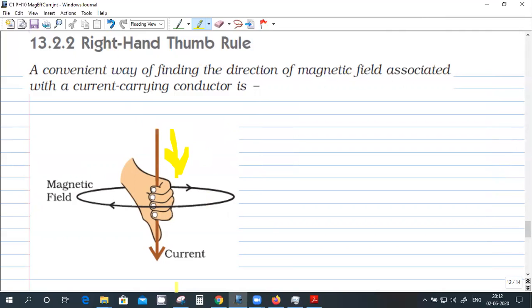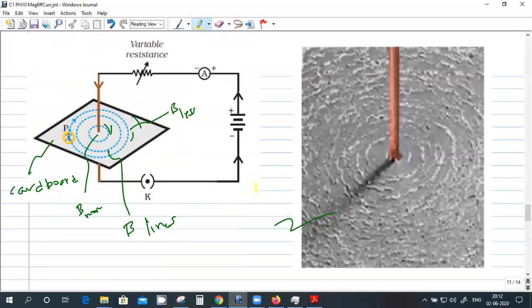Use your right hand: you hold the wire in your palm so that the direction of the thumb is along the direction of current. Then the direction of the magnetic field is the direction in which the other four fingers curl. The four fingers give you the direction of a circle. And that matches this picture of iron filings.